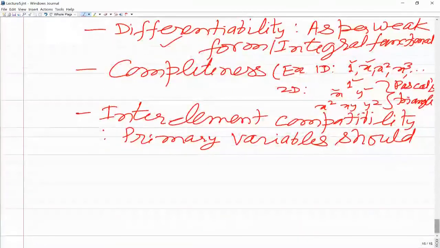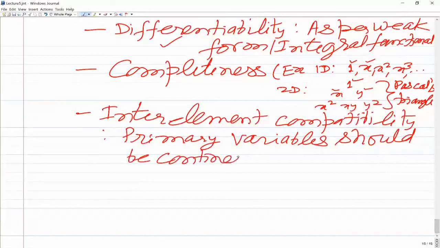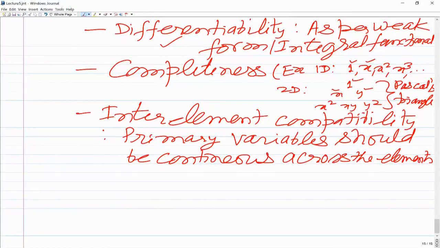So primary variables should be continuous across the elements. And for this, primary variables have to be degrees of freedom at the end nodes of the element, and if we do that, during the assembly, we can enforce this continuity.